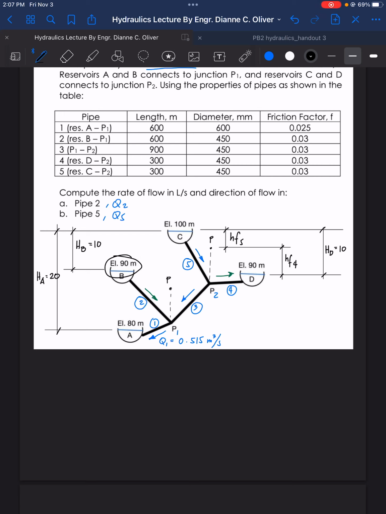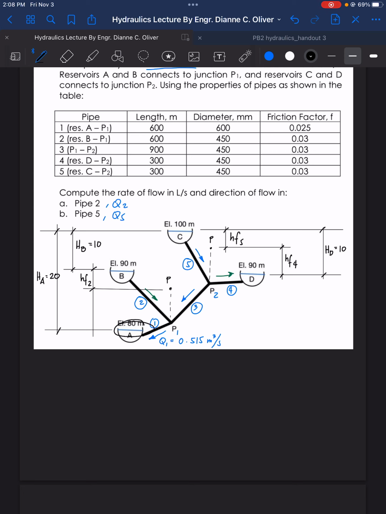The elevation B up to piezometer P. So this is our HF2.